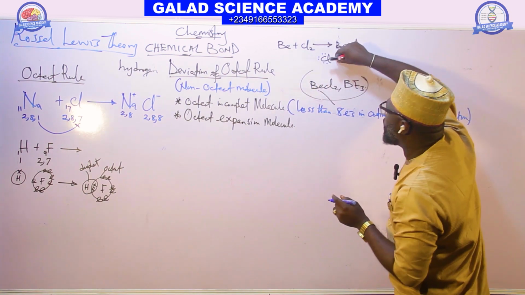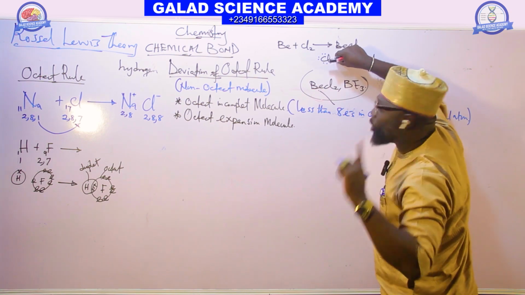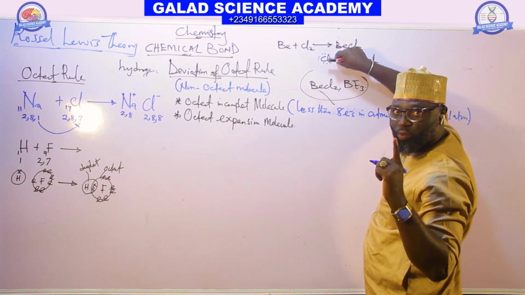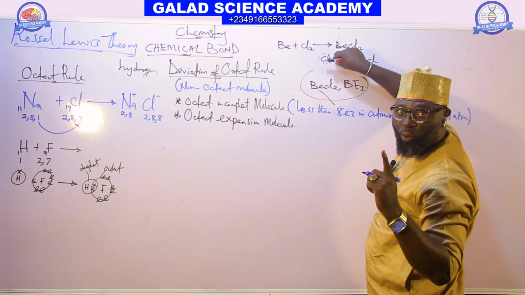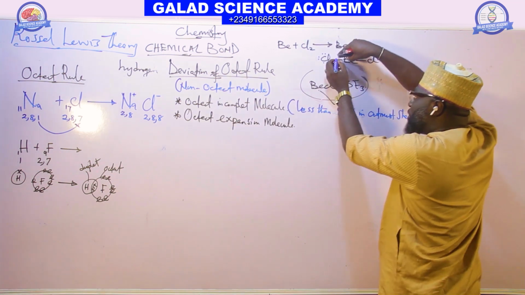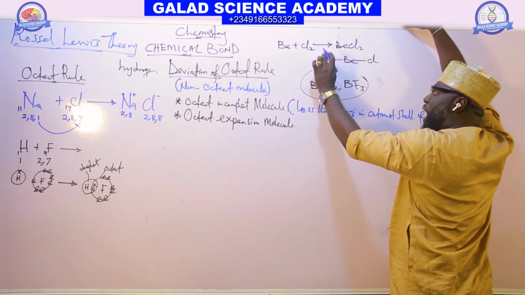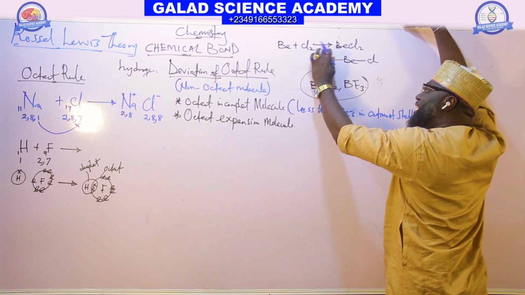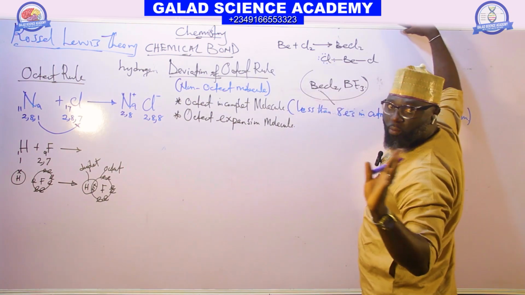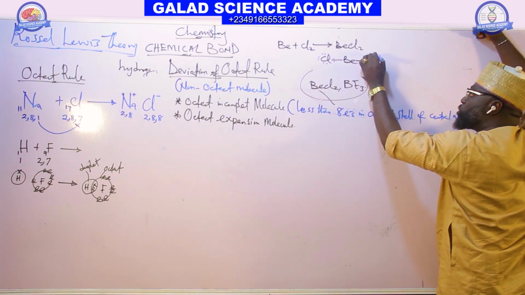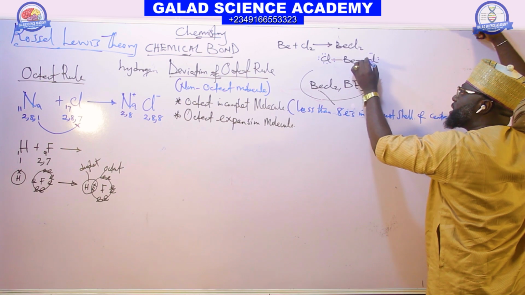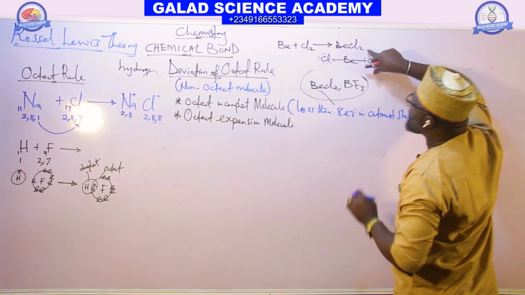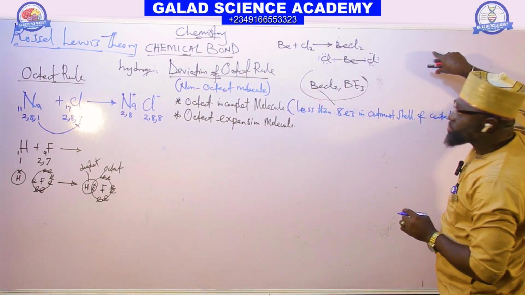Each bond contains 2 electrons. So add it together: 1, 2, 3, 4, 5, 6, 7, 8. This chlorine has 8 electrons. Here too: 1, 2, 3, 4, 5, 6, 7, 8. You also have 8 electrons.